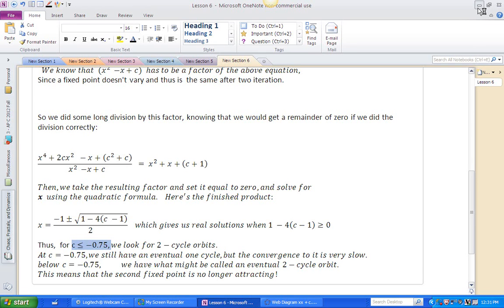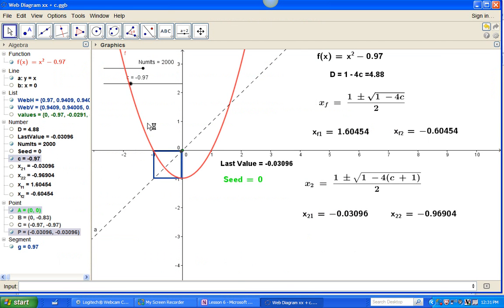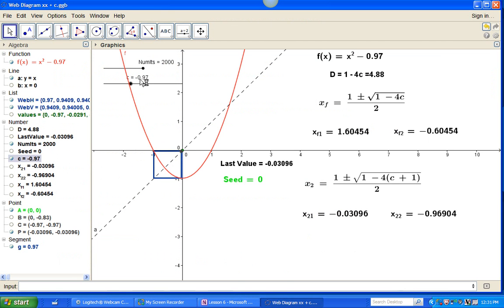So let's take a close look at that again. All right, here we are. We're below negative 0.75, and we do in fact have a 2 cycle. We can change the number of iterations, and as we change them, watch the values oscillating between about negative 0.03 and 0.96. Here are our numbers down here.